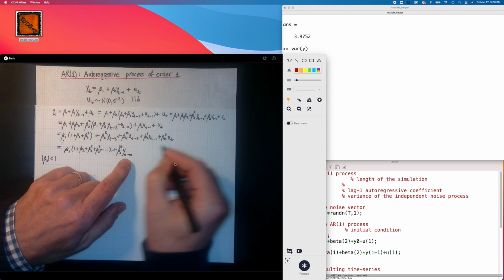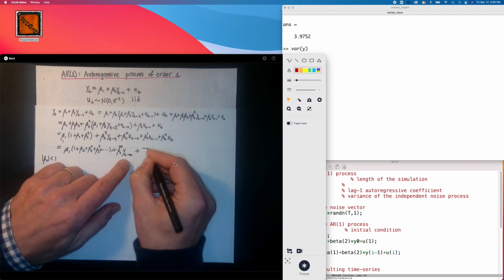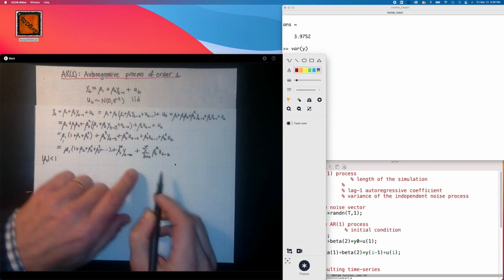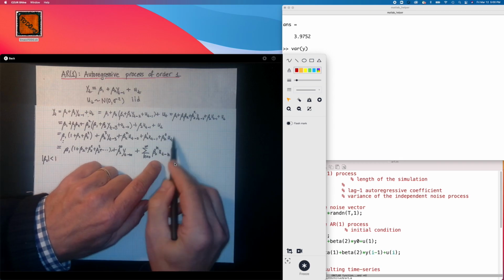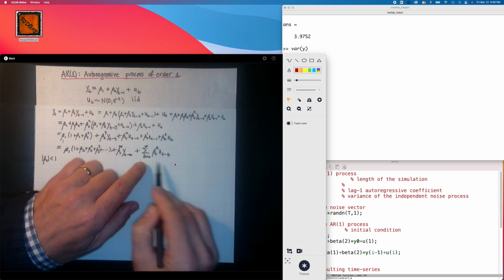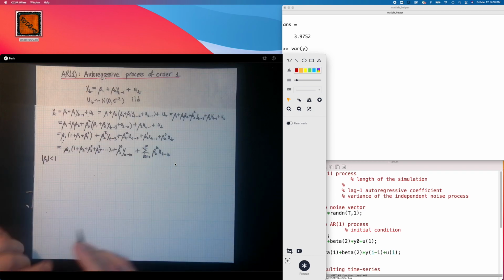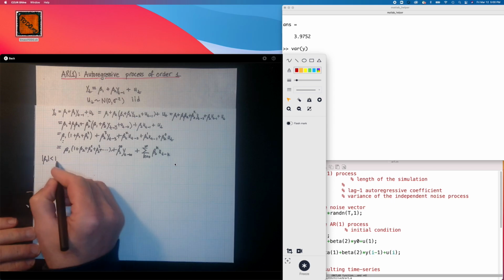And then the last one with the random forcings is going to be the infinite sum from k equals 0 to infinity of beta 2 to the k times u t minus k. So when k is 0, we get this term. When k is 1, we get this term. When k is 2, we get this one. And we get more and more terms if we keep iterating. This series converges if this is the case.